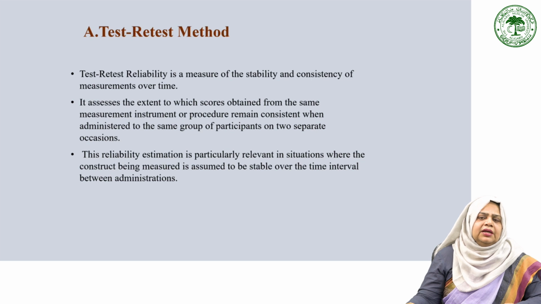On the other hand, a low correlation coefficient suggests a weak or inconsistent relationship, indicating that the measurements may not be reliable. The correlation coefficient ranges from -1 to +1, with values closer to +1 indicating greater reliability. Researchers often aim for a correlation coefficient above 0.7 to consider the measurements sufficiently reliable.